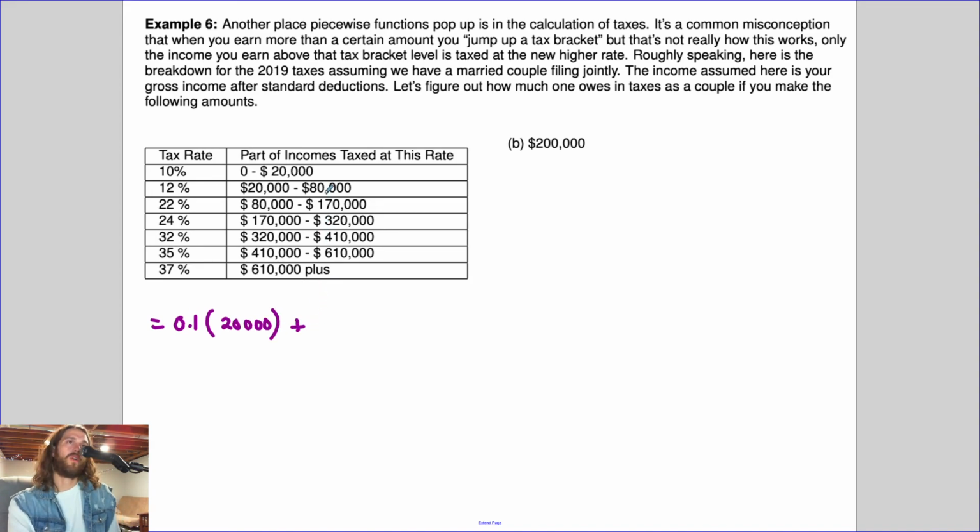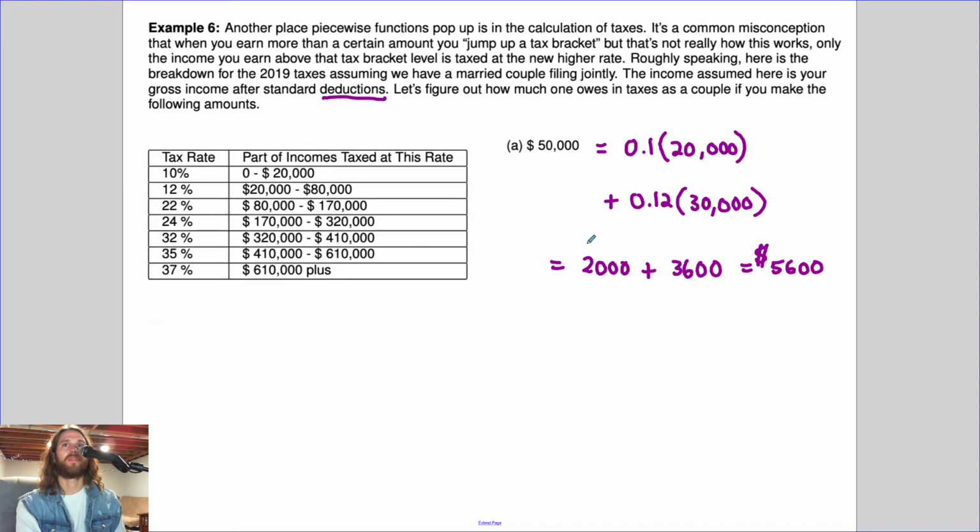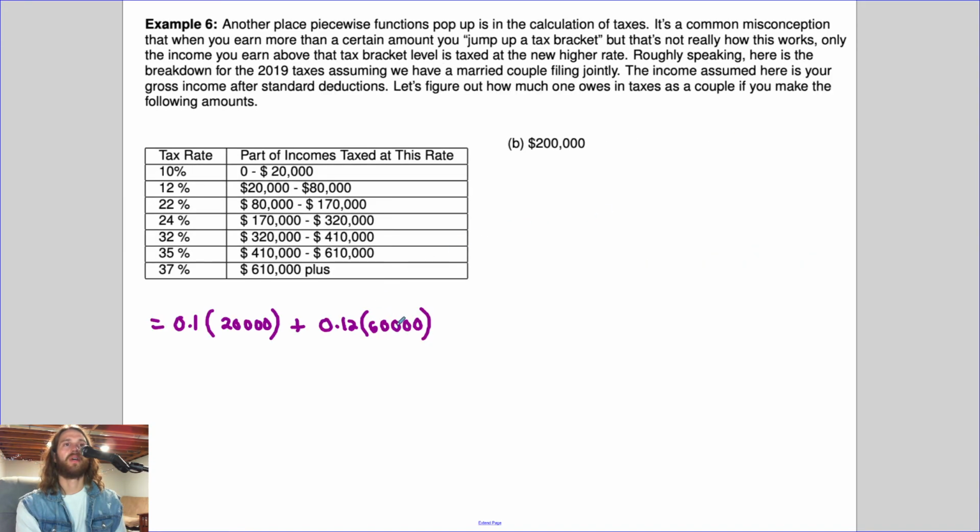But they're going to pay more in the second bracket because they're going to max it out. So on the next 60,000, they're going to pay 12%. The previous person didn't make it to the cap there, right? They only had 30,000 in this column. So now this person's been taxed on the first 80,000 of their salary.